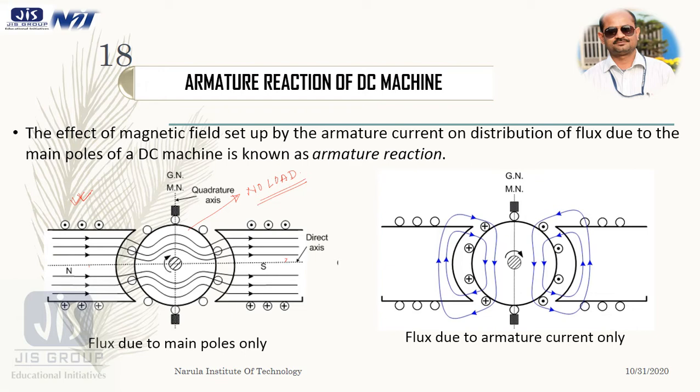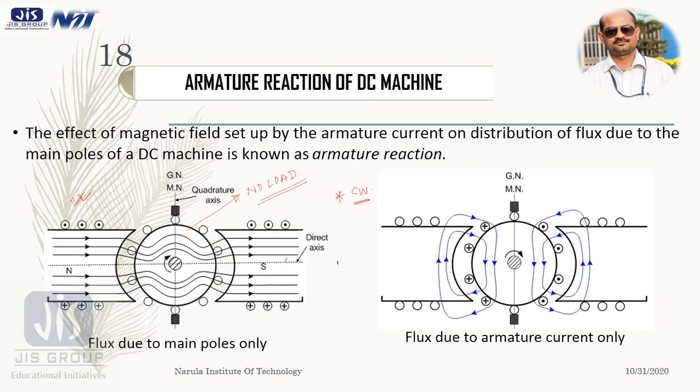And we have considered here a bipolar DC machine for the illustration of armature reaction, and we have assumed that this armature is rotating in clockwise direction. So we should keep in mind this assumption that this is a bipolar machine and it is rotating in clockwise direction.